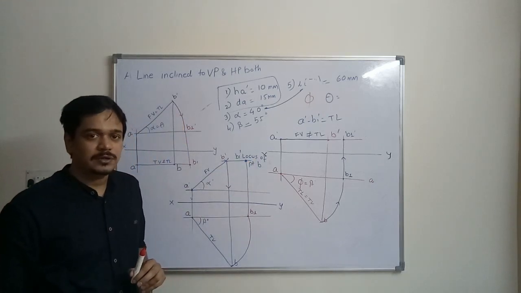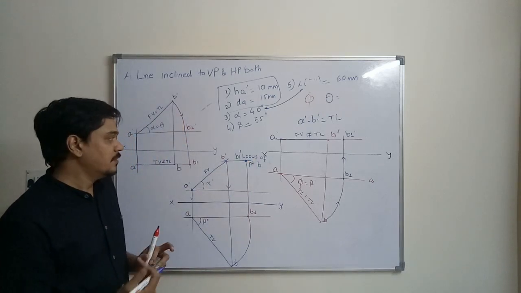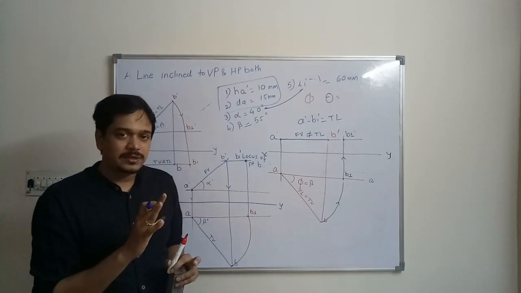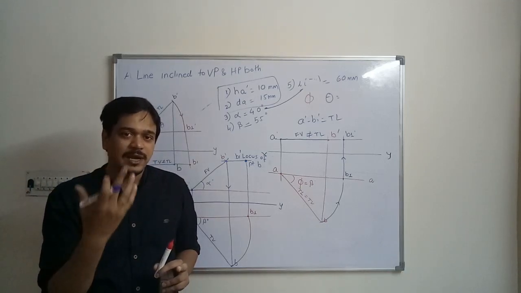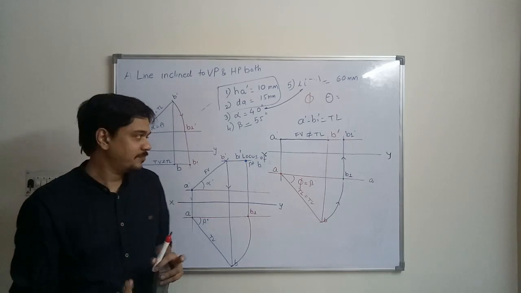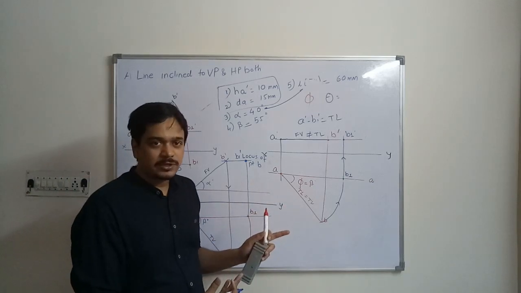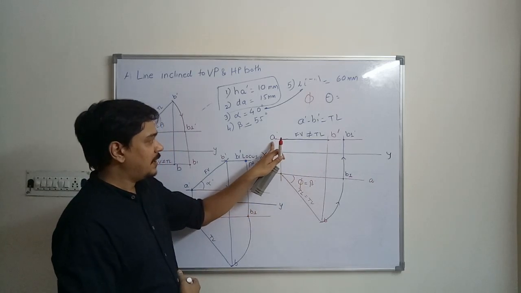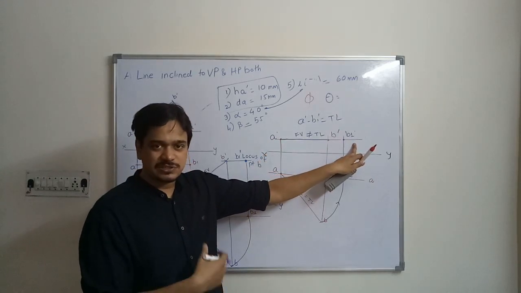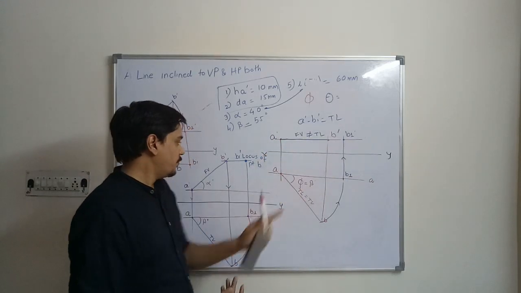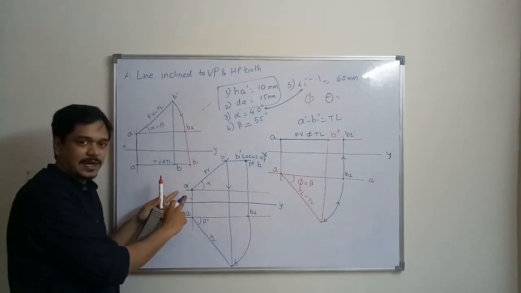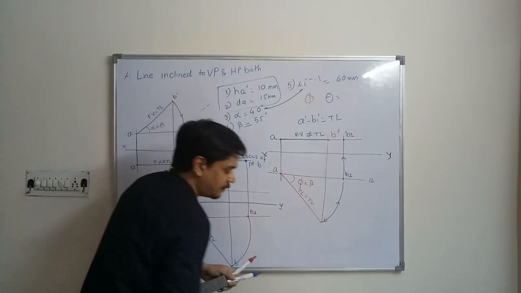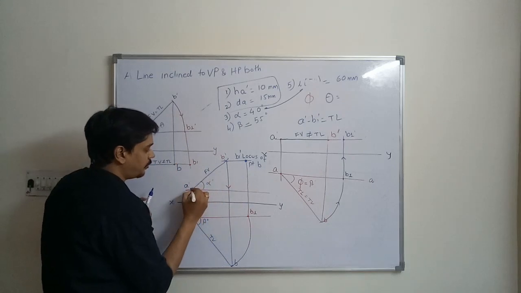So how to locate theta? Theta is the angle of true length with the horizontal plane. So for that we have to locate the true length first. How to locate the true length? Again go back to the same problem: from A dash to B1 dash it was the true length. So similarly here, from A dash to B1 dash it will give you the true length of the line.